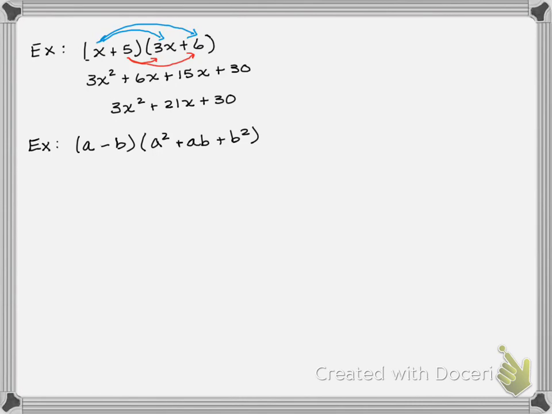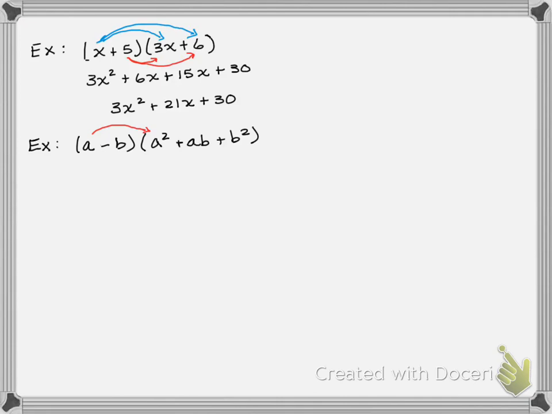The reason is so that if you have a squared b and b times a squared, you see that they're like terms. It's not more correct, but it helps with consistency so we can recognize like terms. So we're going to start by distributing the a.